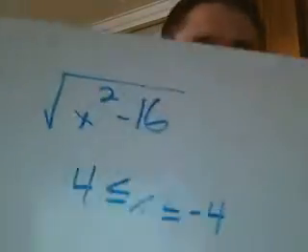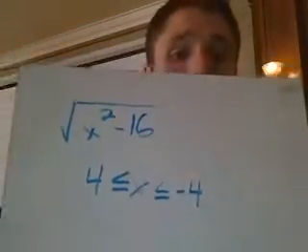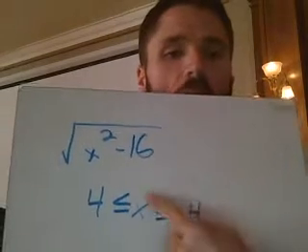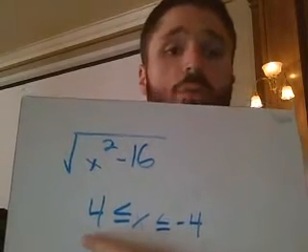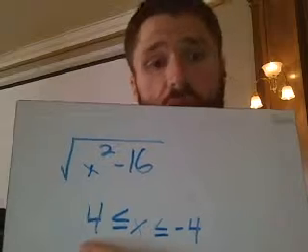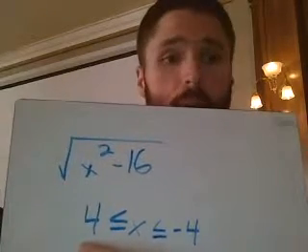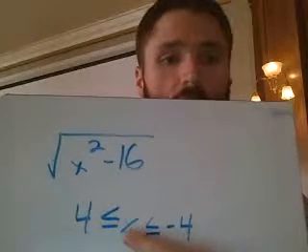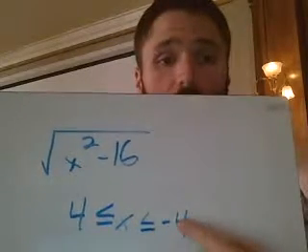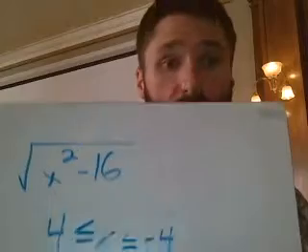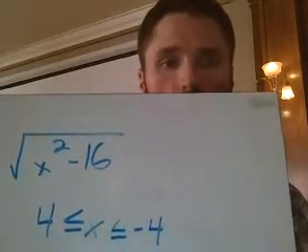But x has to be greater than or equal to 4. So this would be a completely legitimate domain on number 2, because x has to be greater than or equal to 4, because it can be 5, it can be 6, it can be 7. It can't be 3, it can't be 2, it can't be 1. And x has to be less than or equal to negative 4. It can be negative 5, it can be negative 6, so on and so forth.